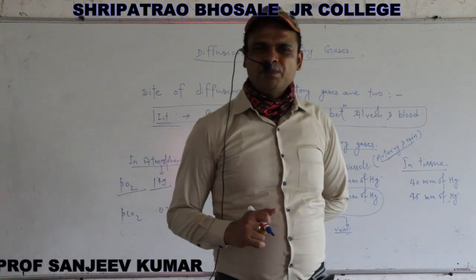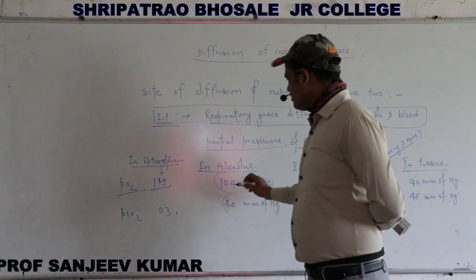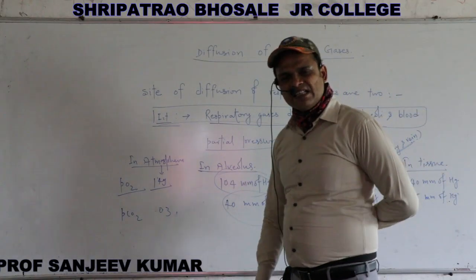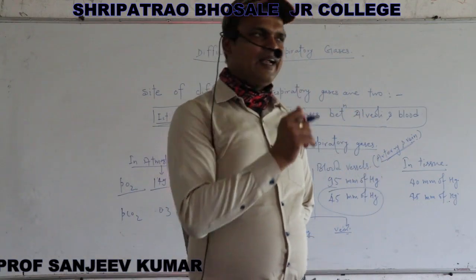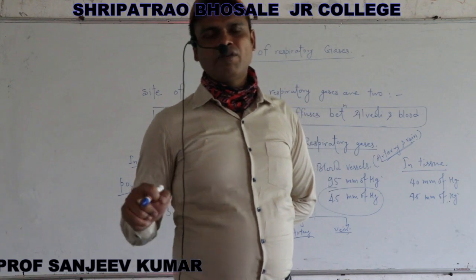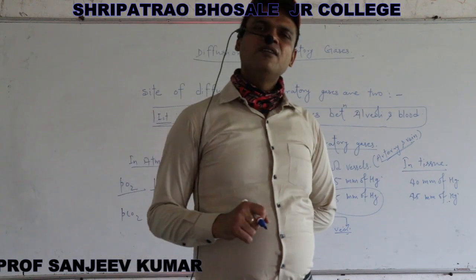The partial pressure of oxygen in the systemic artery is approximately 95, and of carbon dioxide approximately 40.